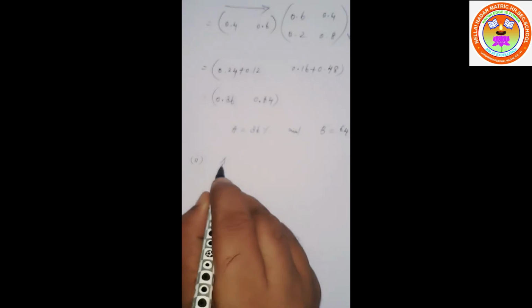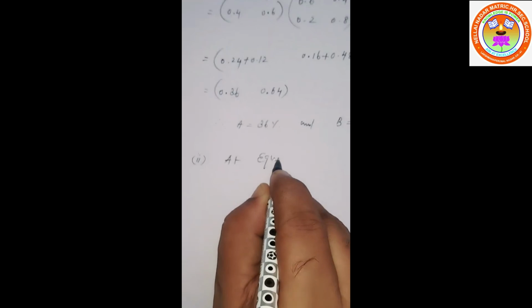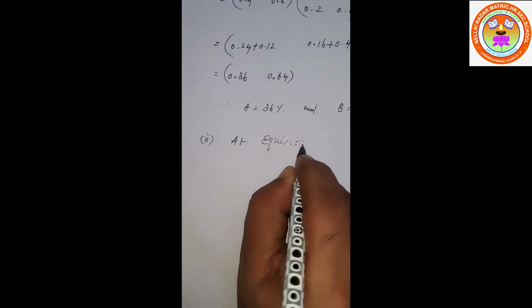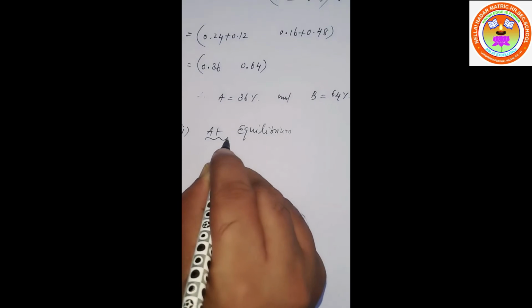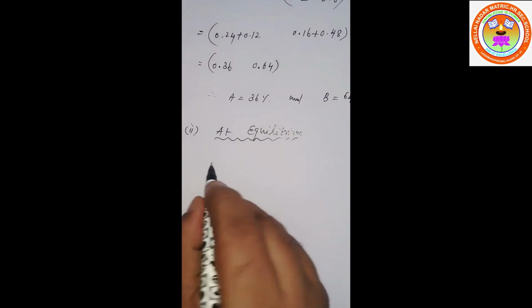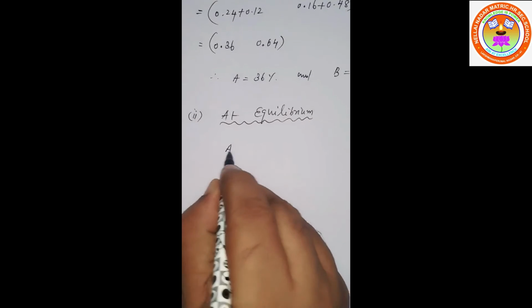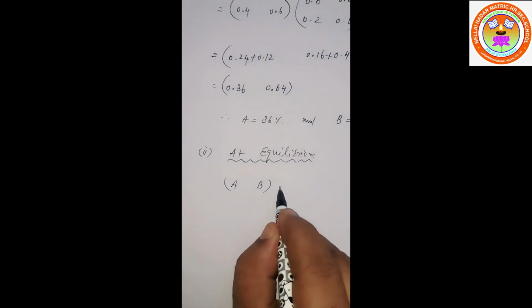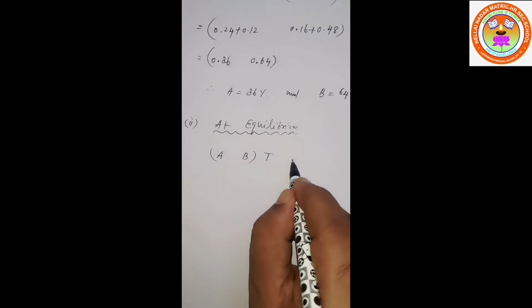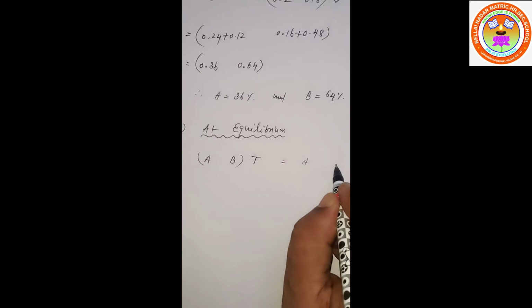If the price war continues, when the equilibrium is reached, so at equilibrium, write the two products A and B into the transition matrix, that is equal to A and B.